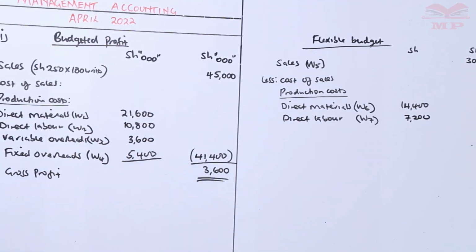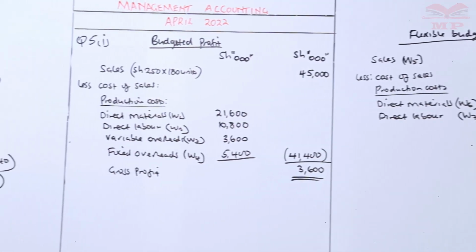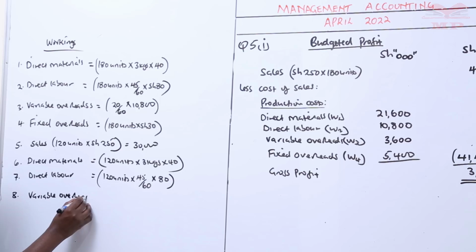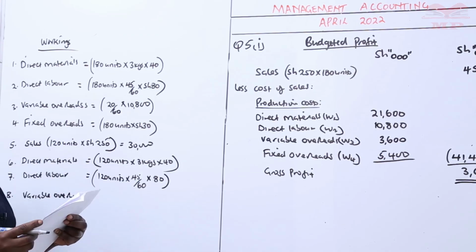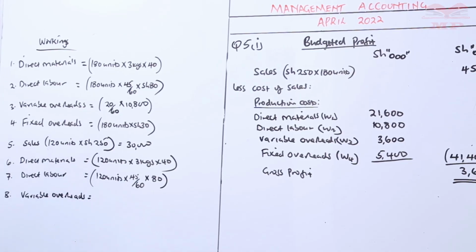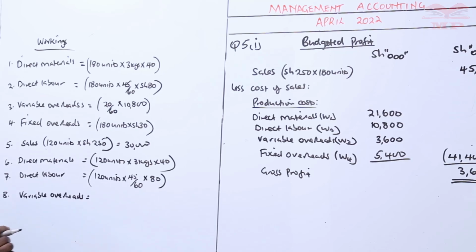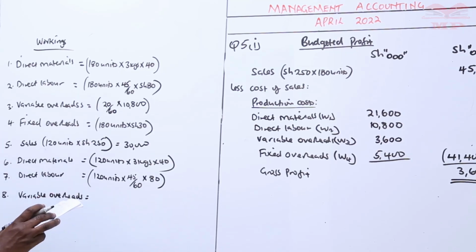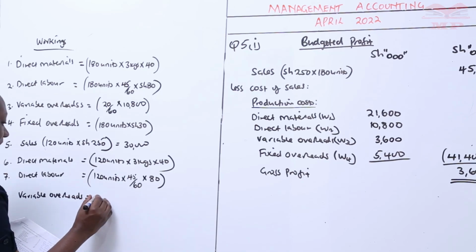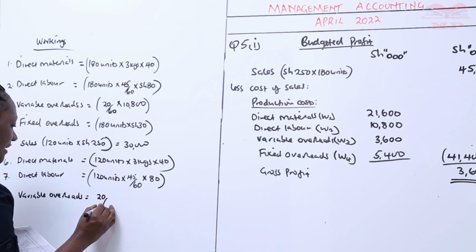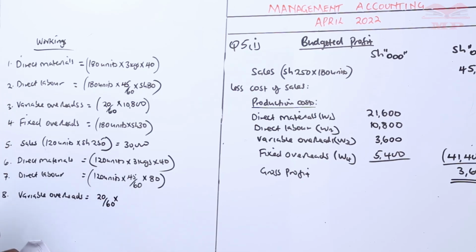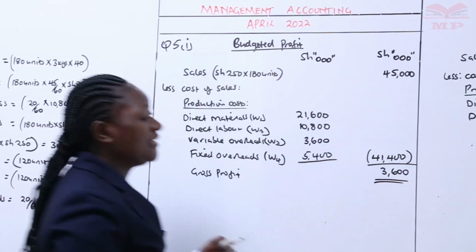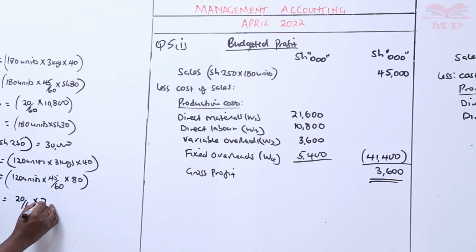This will give us 7,200. Then we calculate variable overheads, which are absorbed on the basis of direct labor hours. For this we are given 20, so we have 20 divided by 60 times the amount for direct labor, which is 7,200.